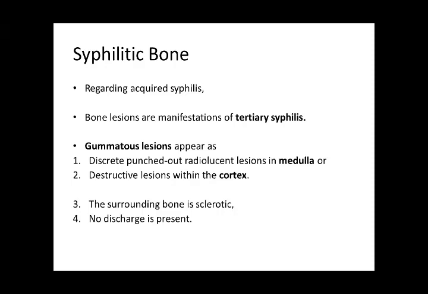Regarding acquired syphilis, bone lesions are manifestations of tertiary syphilis. Gummatous lesions appear as discrete, punched-out radiolucent lesions in the medulla, or destructive lesions in the cortex. The surrounding bone is sclerotic and a discharge is present. Skeletal bone is involved whenever there is tertiary syphilis, not primary syphilis, and that is called a gummatous lesion.